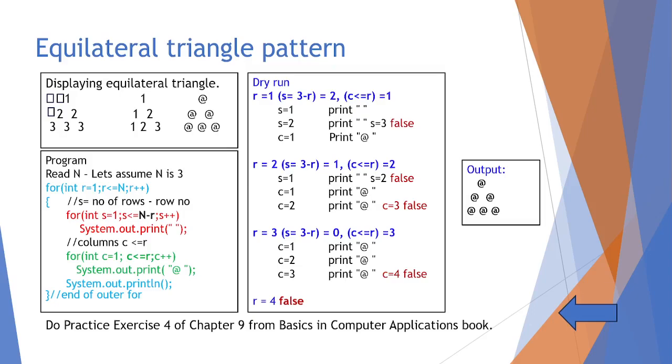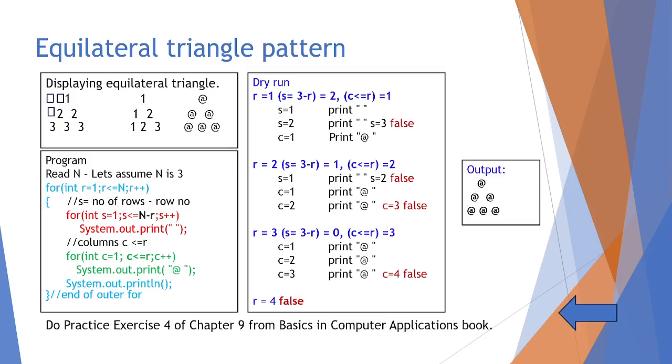If you see r is 2, s goes up to 3 minus r again. 3 is the number of rows, and r is 2 in that particular iteration. That means in the second row, we need only one space, 3 minus 2 is 1. But how many columns, less than or equal to r? That is equal to 2.